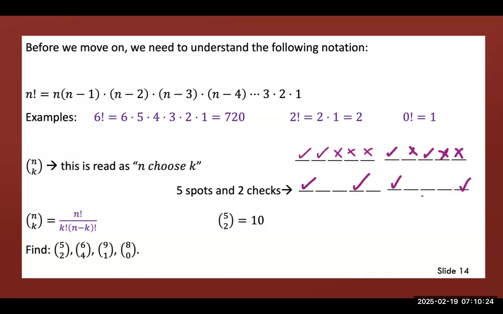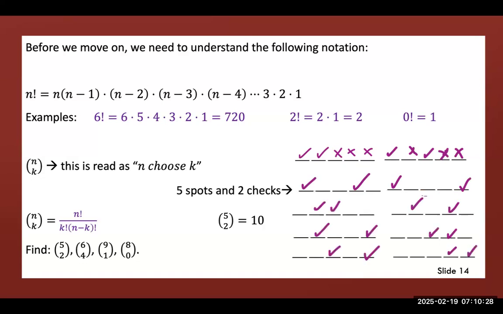And then here's another way to move those checks around that's different from the other 3. There's a total of 10 ways to move those checks around. These are all of the different ways to move those checks. And so what this formula is counting is how many different ways we can move these checks around. So the checks are like successes, and then the other 3 are like failures.